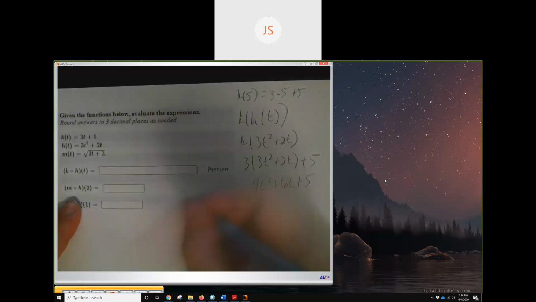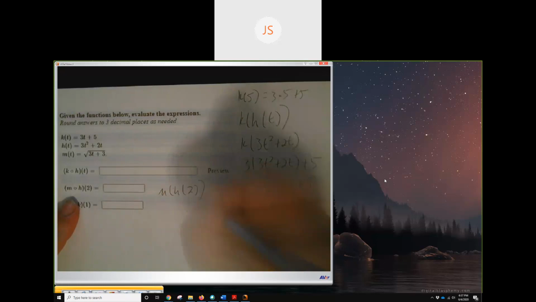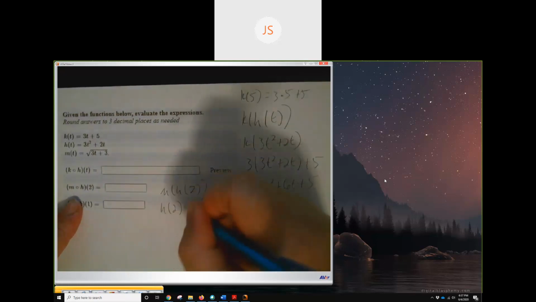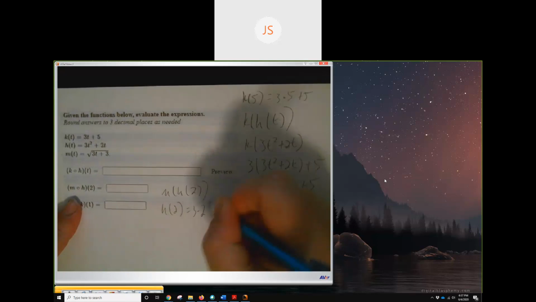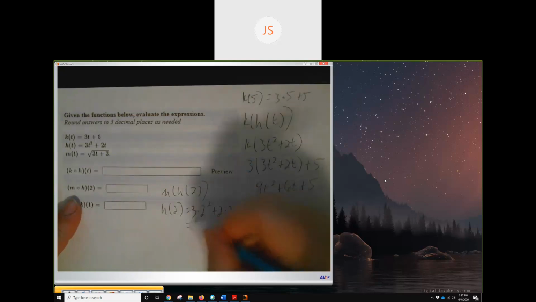So then m of h of 2, we start by finding h of 2, which is 3 times 2 squared plus 2 times 2. So 4, 12, 4, so that's 16.